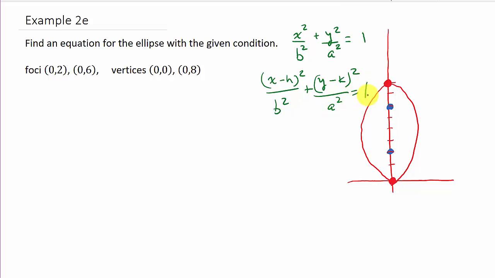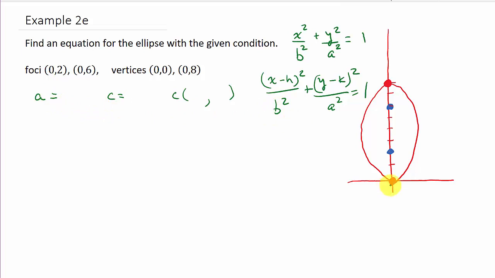Alright, so we're going to need the center. Okay, and let's see, what do we know? We know what a is. Well, we can figure out a, and we'll have to figure out what c is, and then we'll need our center. That's the information we're going to need, because once we get c, we can use that equation to figure out what b is.